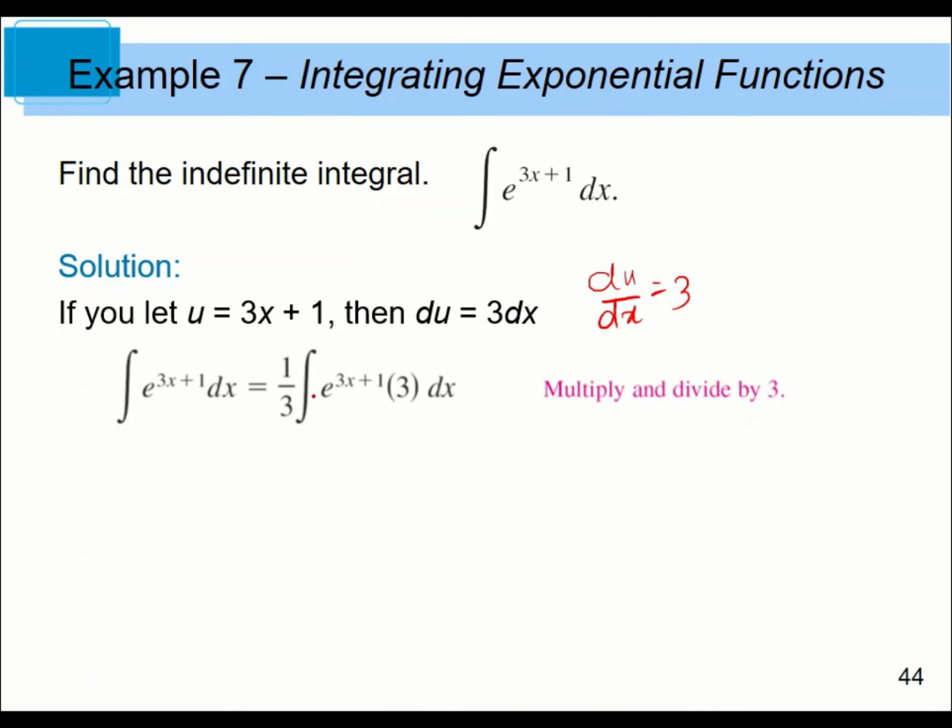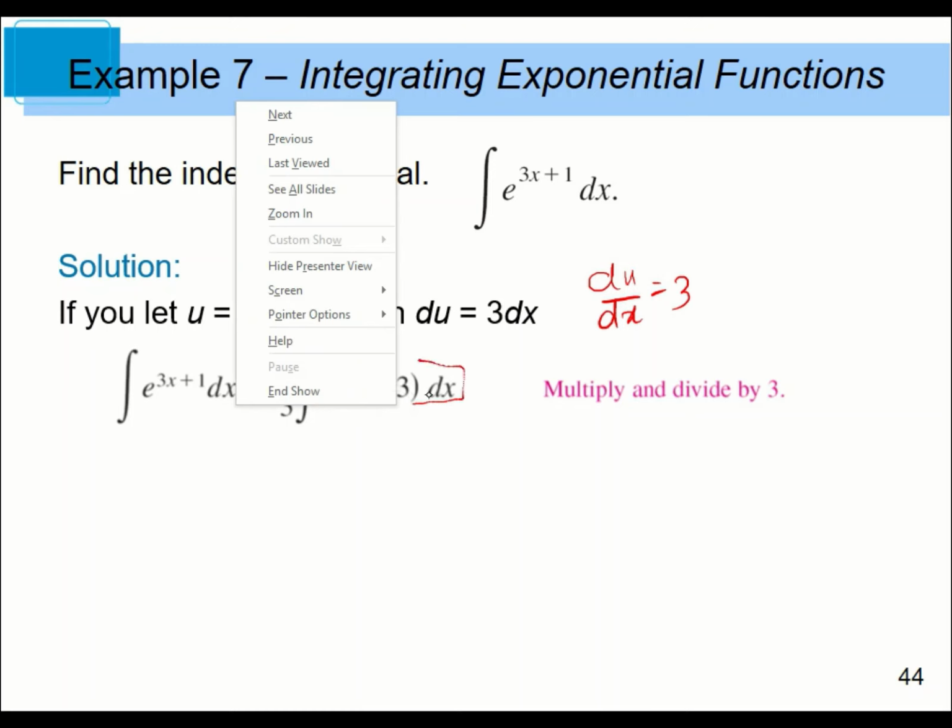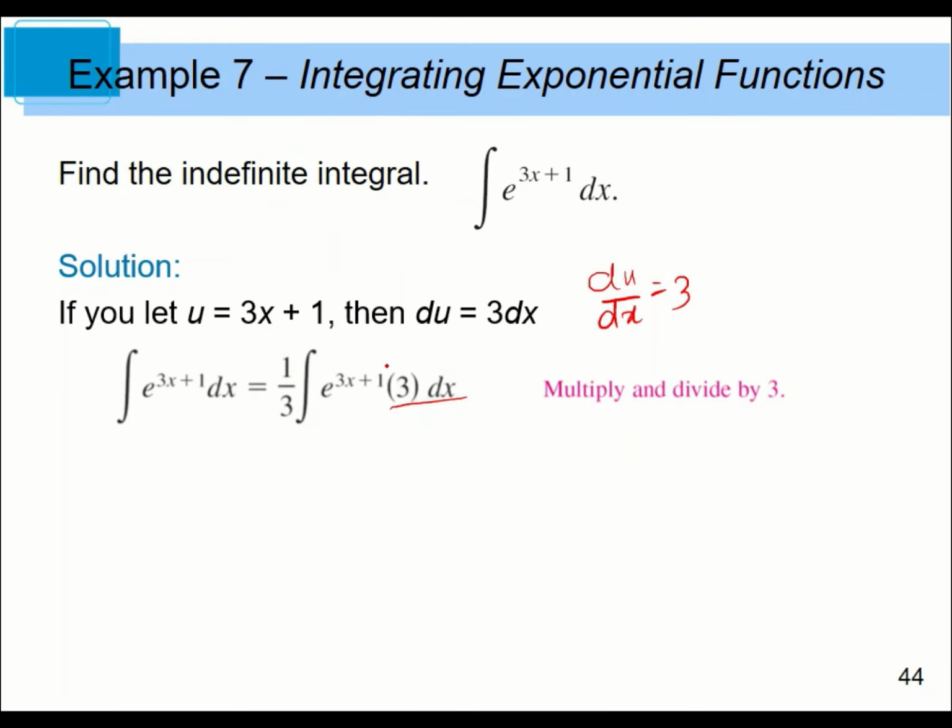Now, in order to get 3 dx here so that we have du, we need to add the 3 here, and we have to divide by 3 to balance it out.